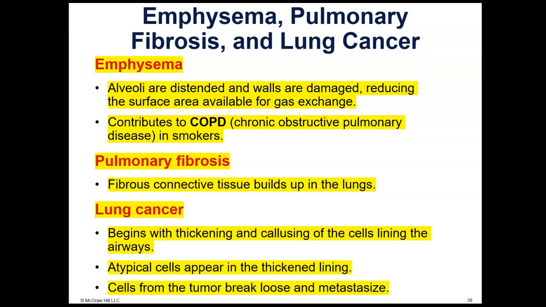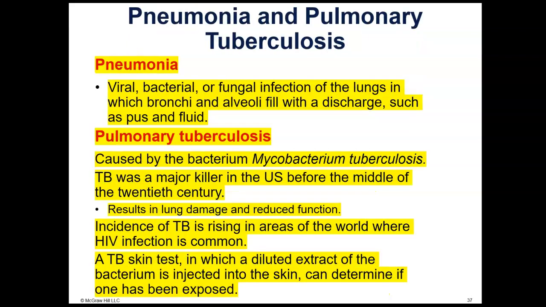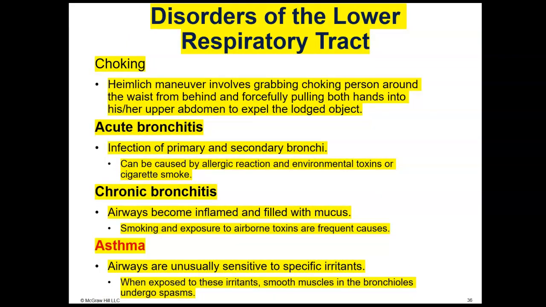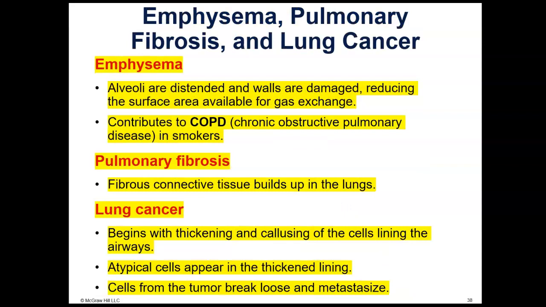Okay, and there's also emphysema. Chronic bronchitis and emphysema together are major contributors to COPD, which is chronic obstructive pulmonary disease. This is really common in long-term smokers, but other people can have COPD. My husband has it, and he doesn't smoke.